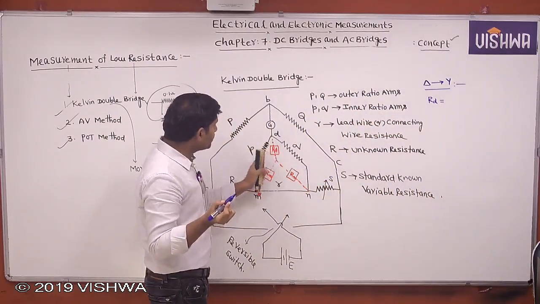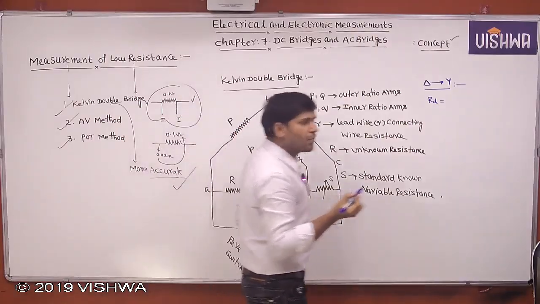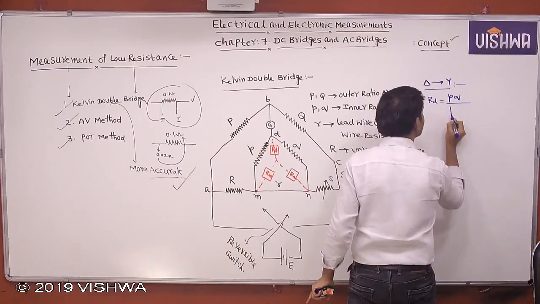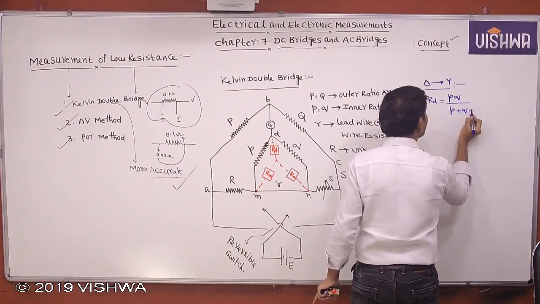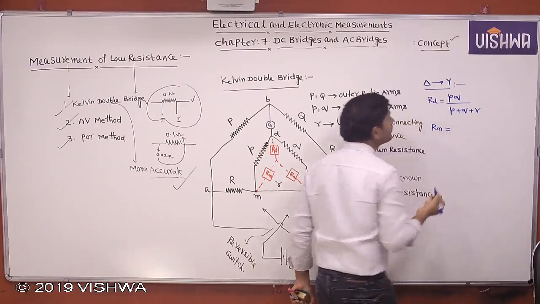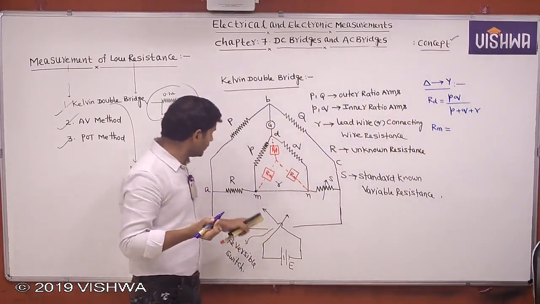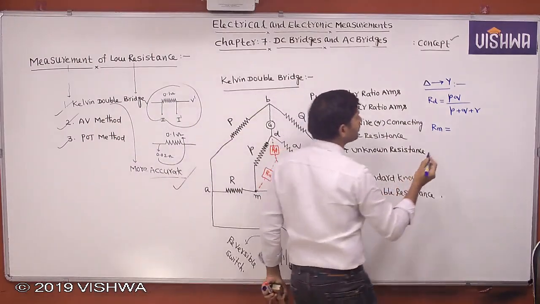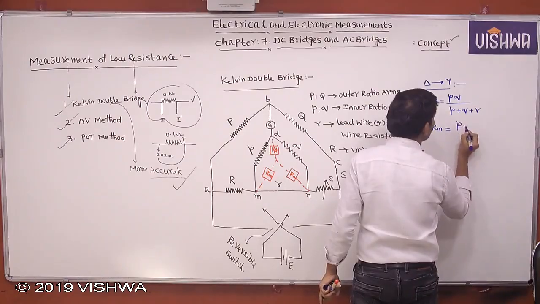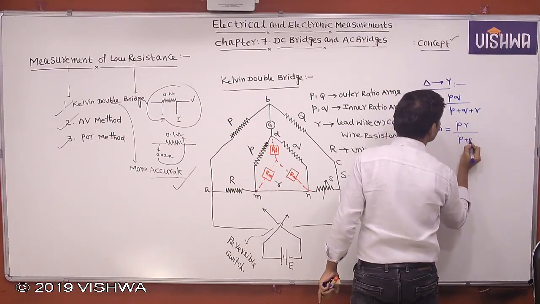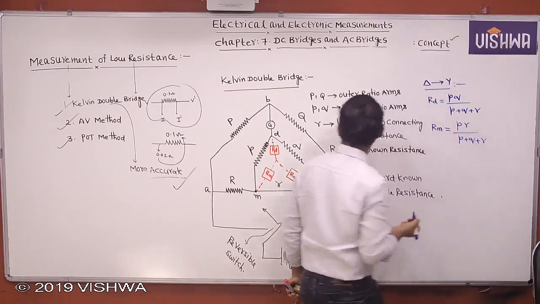This Rd is, by delta to star conversion, opposite resistances small p into small q, divided by the total resistance p plus q plus r. Can you find what is Rm? Tell me the Rm value. Opposite resistances, small p into small r, divided by p plus q plus r.